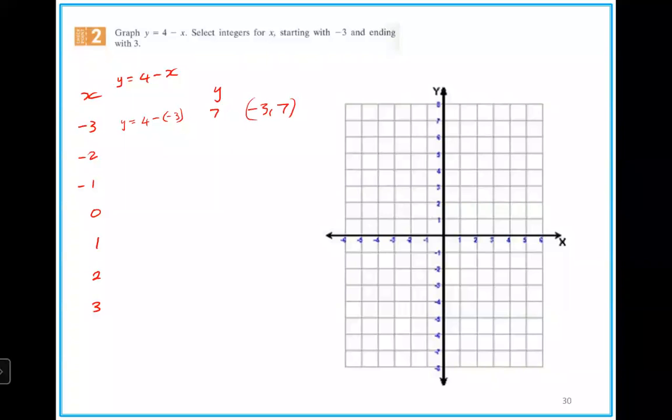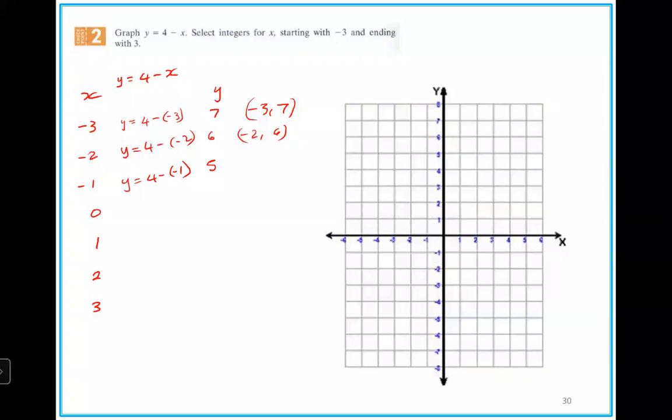Okay, let's look at the second one. y would be equal to 4 minus -2, so y would be equal to 6. So that would be -2 and 6, right? y equals 4 minus -1, so y will be equal to 5.